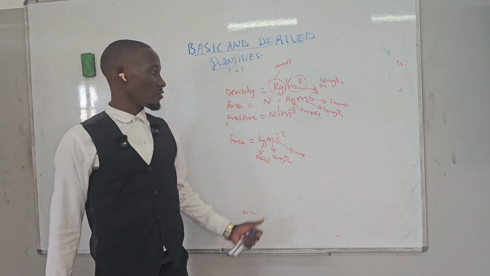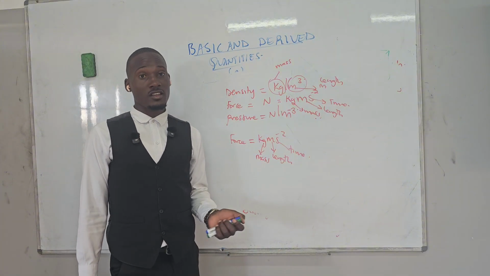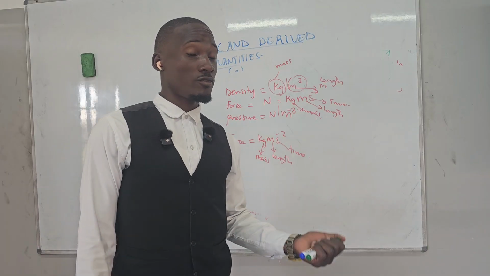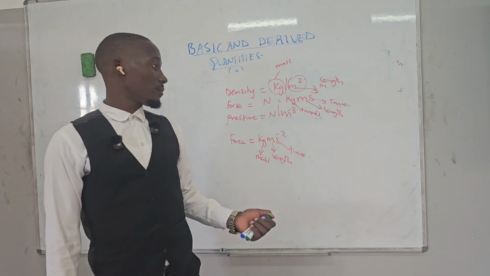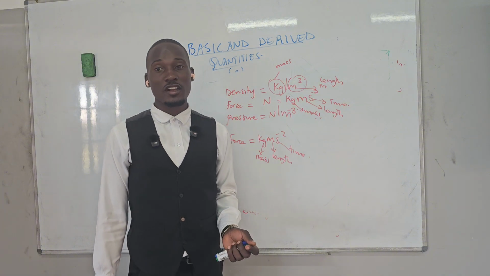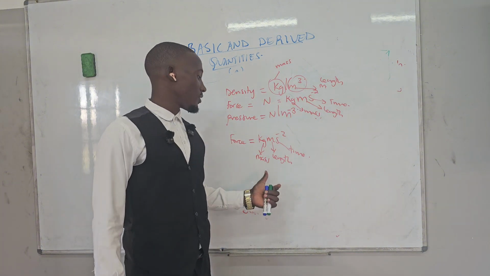So what is the takeaway in this lesson? You can easily identify derived quantities from their units or from their formulas. And the three, the mass, the length, the time, are the fundamental units. The other quantities, they come from these three.